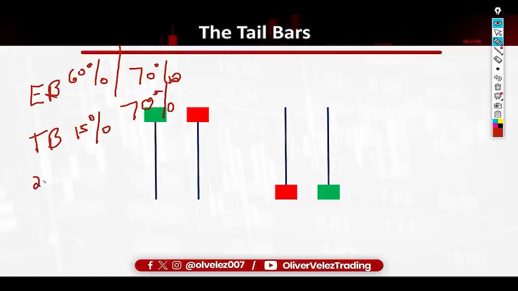But dual tail bars don't happen very often, something like 2%. But when they do, OMG, 90% follow through rate.